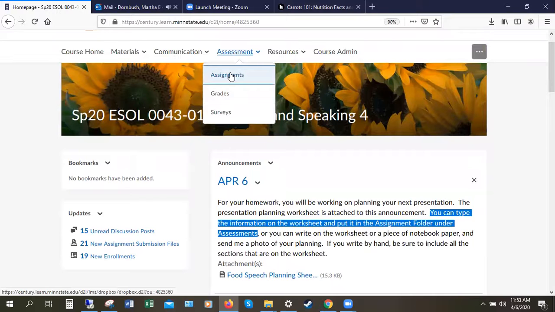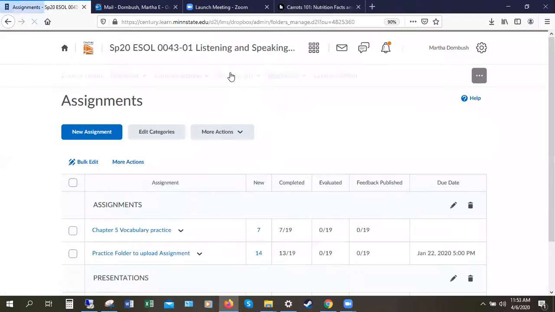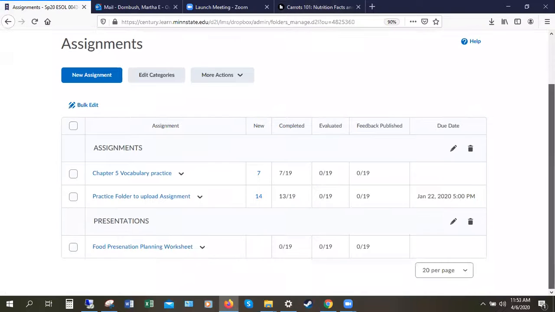Assignments. I have not put the folder, oh, I did put the folder there. I did do that. One second. So this is what I see. So out of the vocabulary practice, less than half the students turned it in so far. So we're also not going over that today. But under presentations, there's a folder here for it.